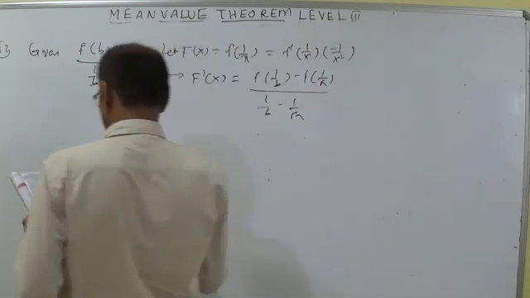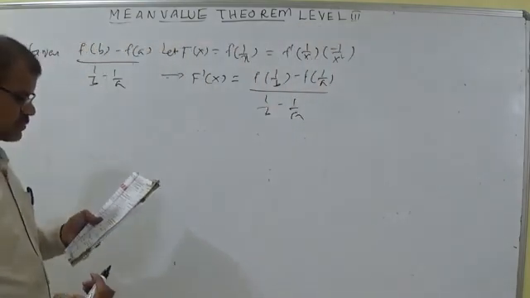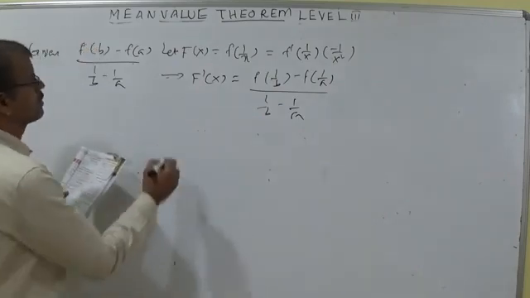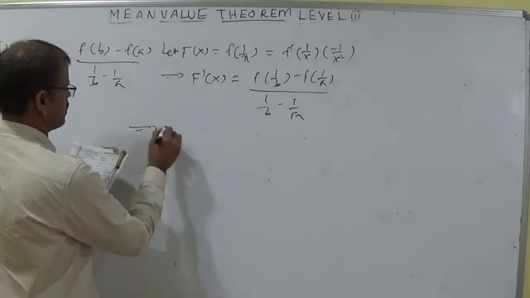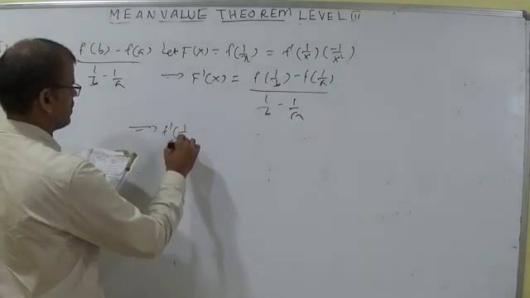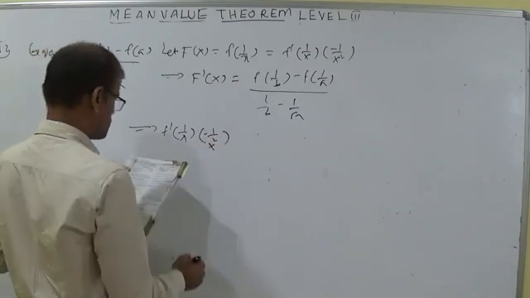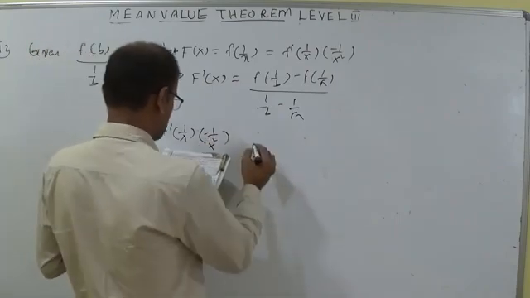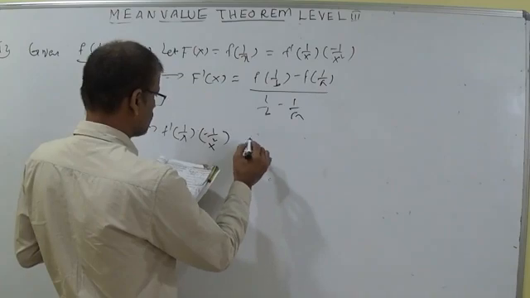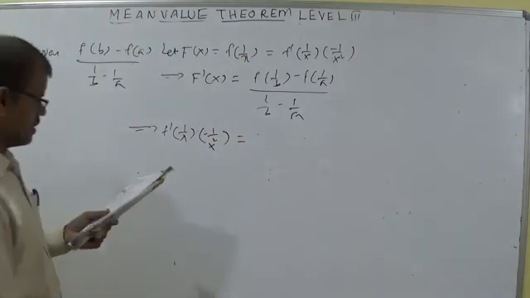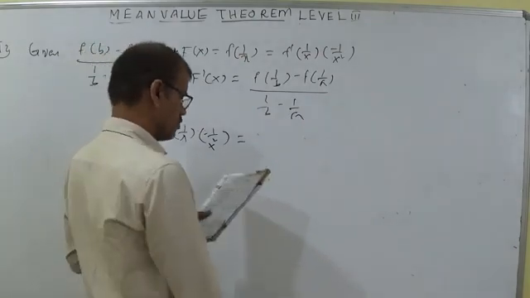That implies f dash of 1 by x into minus 1 by x square is equal to f of 1 by b minus, by taking LCM we may get the value.